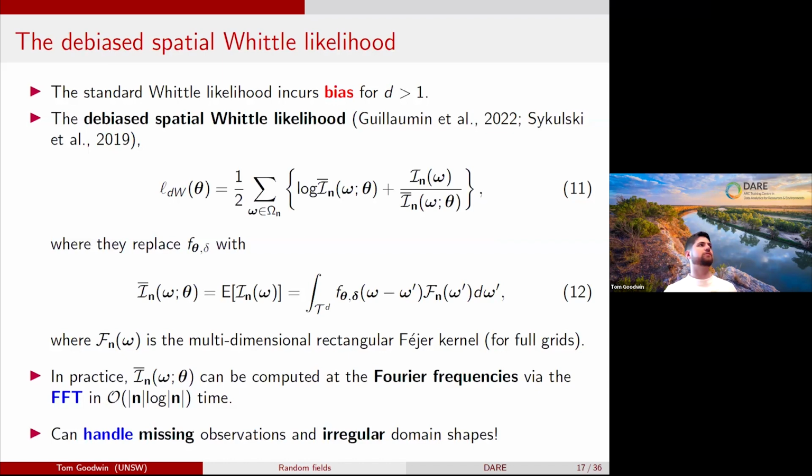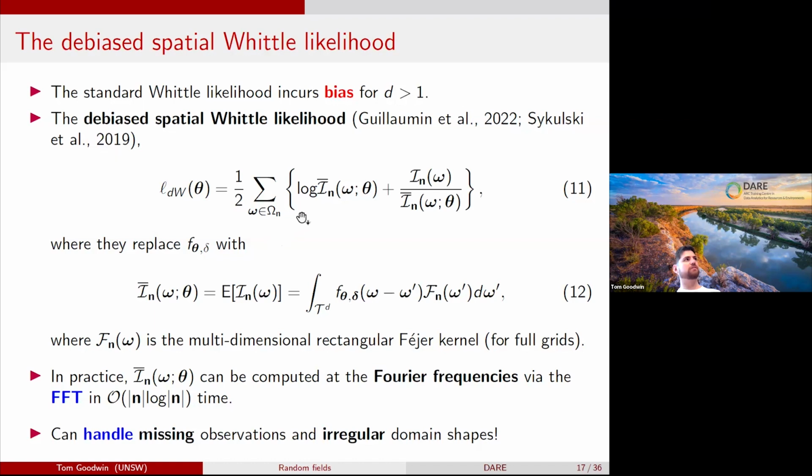Okay, so all that I've just spoken about is motivating what we call the Debiased Spatial Whittle. You can notice this is the same form as the Whittle likelihood, but with one exception. It's not using the spectral density, but it's using the expected periodogram. This has been done in a few papers, but more formally in the spatial case in a JRSSB paper, I believe, and in the time series case in Sykulski 2019.